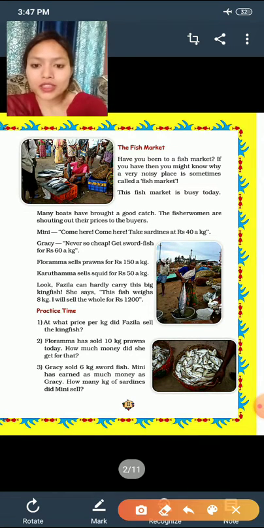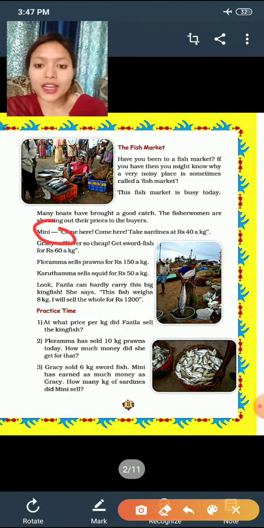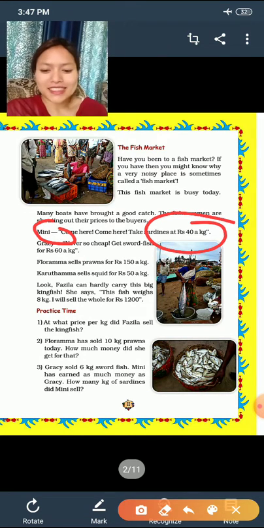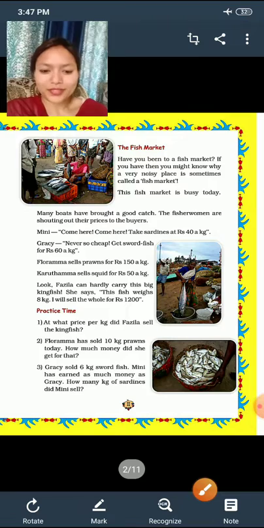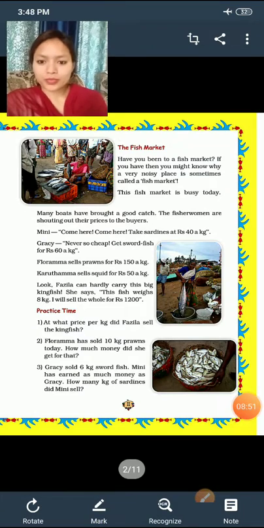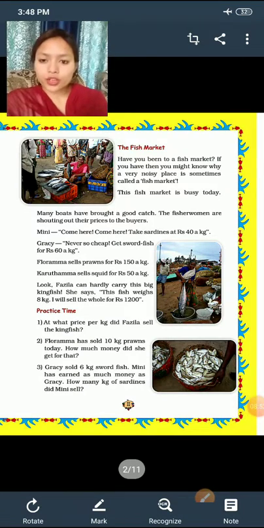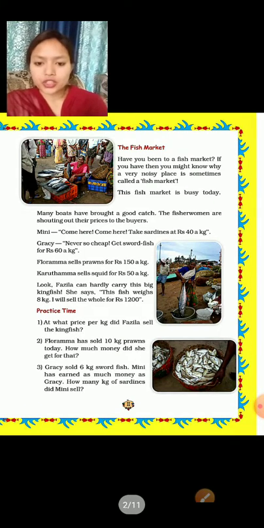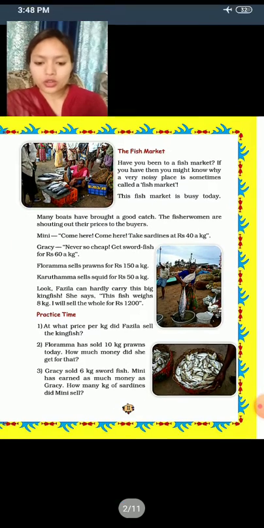Minnie is shouting, come here, take sardines at rupees 40 a kg. Means the cost of sardine is 40 a kg. Now Florma is saying that these prawns are 150 a kg, 150 for 1 kg.